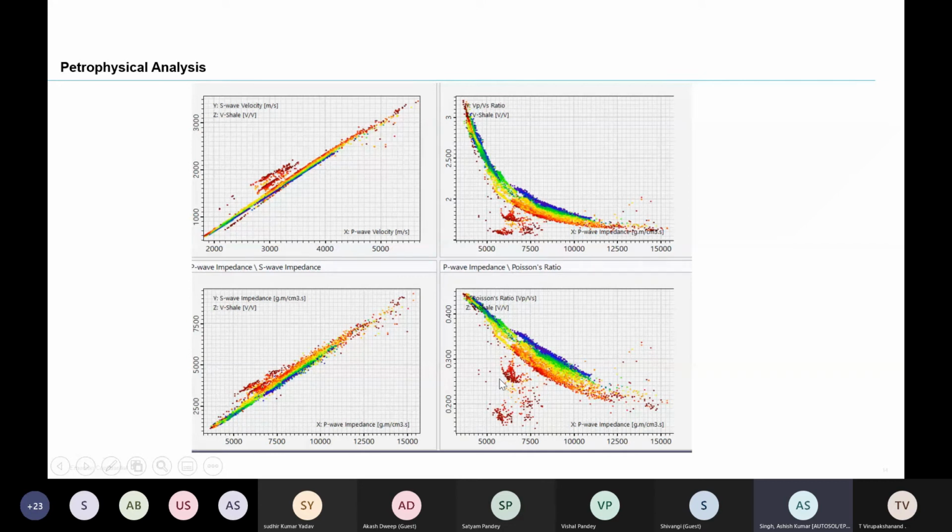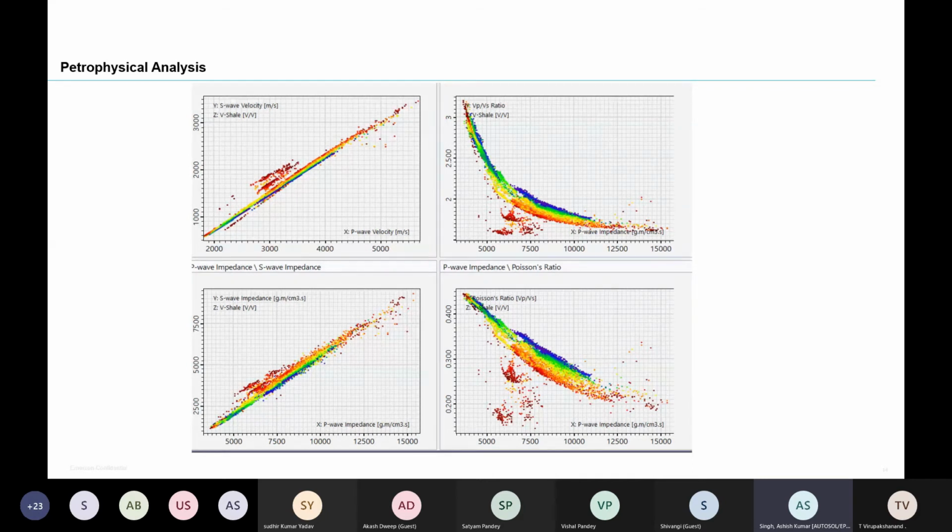So in elastic properties, gas sands are very well separated. When you do the petrophysical analysis at the well, then you decide which property you have to generate through the inversion. Suppose in Vp/Vs and P impedance properties your gas sand is very well separated, then you will generate that output in 3D volume.